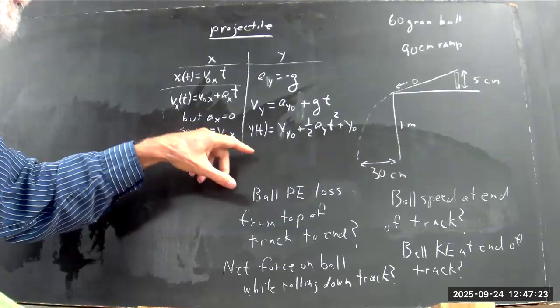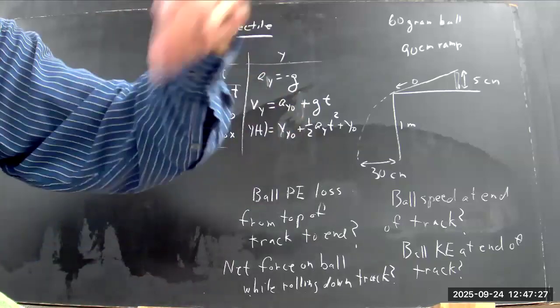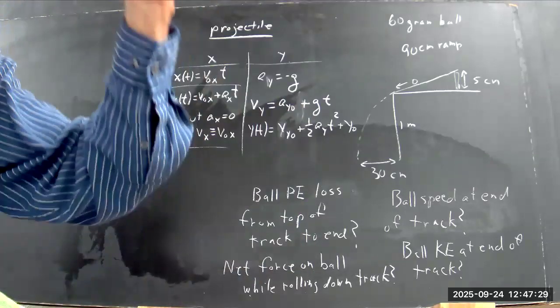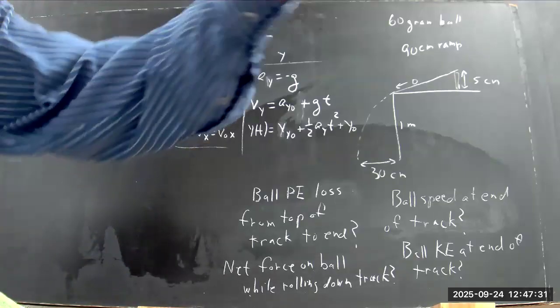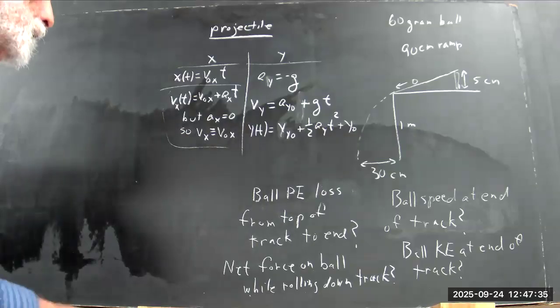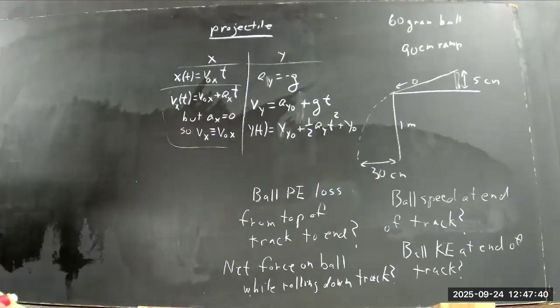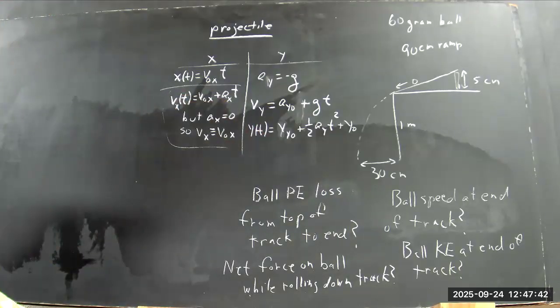I could write v y squared equals v naught y squared plus 2 times the ay delta y. Okay. But anyhow, we got the equations of motion here.